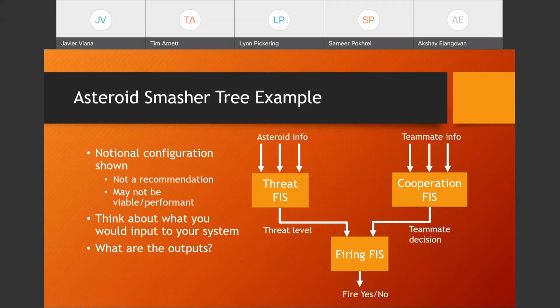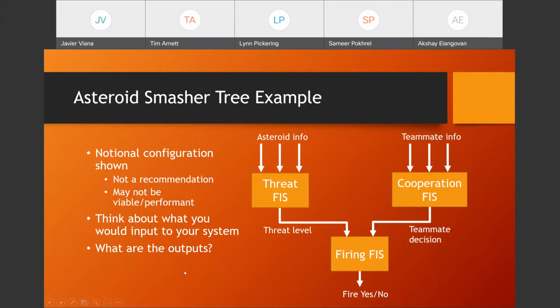I'm not saying do this, but think about what types of inputs you're going to be using in your system and whether you need to do any pre-processing, because maybe for threat level you need to do something else, which is completely fine. Maybe you want to use some other process or algorithm to assess something or resolve something. That's absolutely fine to do that pre-processing and then feed it into a fuzzy tree.